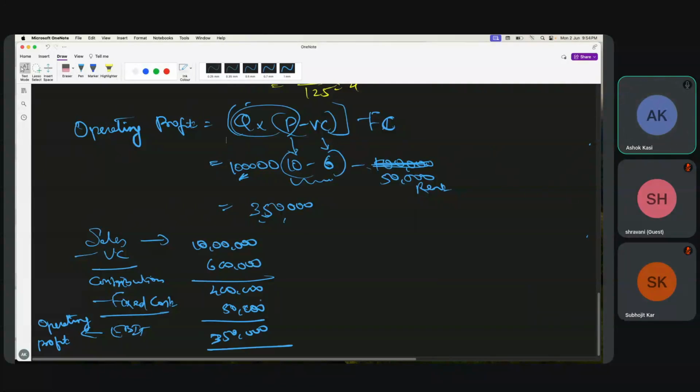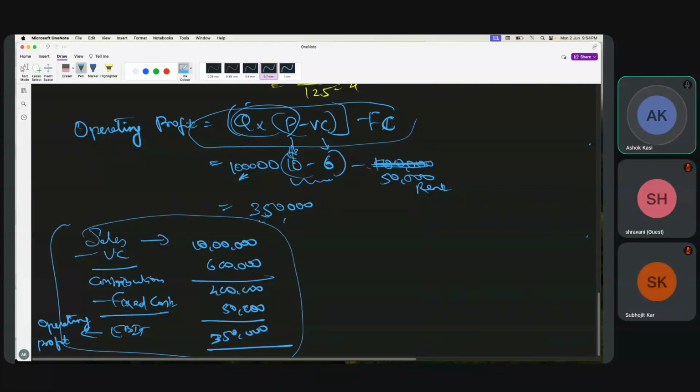Understood this one? So you don't have to remember this formula as such, just the logic. But if they give you per unit basis, then you should be able to apply your mind. You can just follow this method itself. If they give you per unit price is 10 rupees, per unit variable cost is 6 rupees, then you multiply with quantity and bring it to this format so that you don't have to remember this formula.